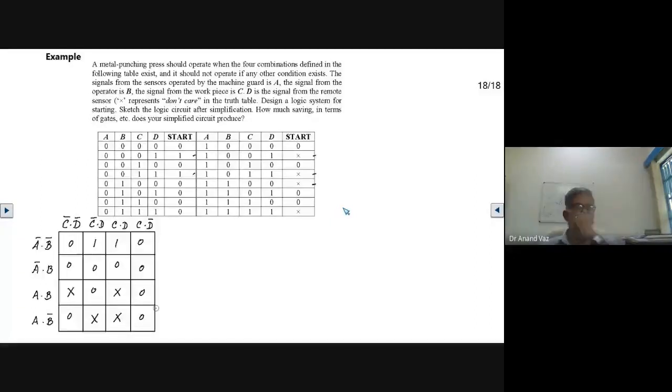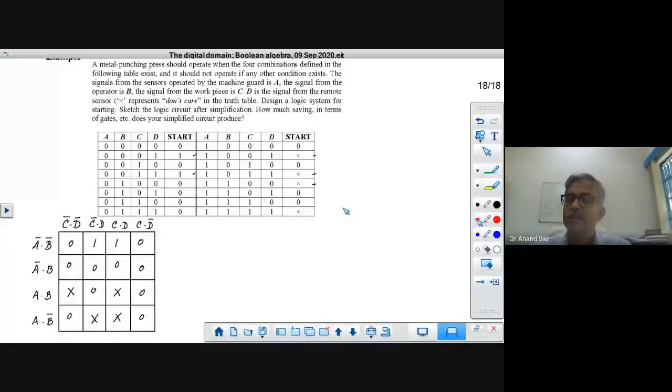Okay. Once you have this, you begin identifying the pairs or the quads or the octets. So let us start with what are the pairs, what are the quads. Now you can see that here there is a pair possible. But now there is also a possibility of identifying a quad. See, here we have two don't care elements.